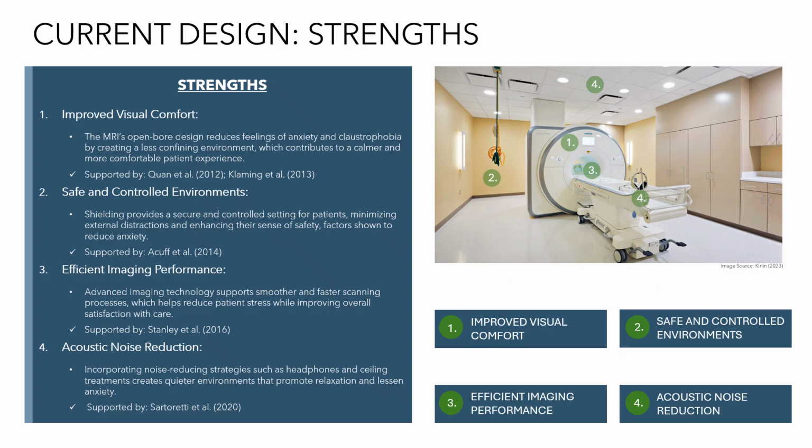The fourth strength is acoustic noise reduction. The inclusion of headphones and ceiling treatments limits disruptive sounds, promoting relaxation and reducing anxiety during scans. Together, these features demonstrate how the current design integrates several evidence-based design strategies.